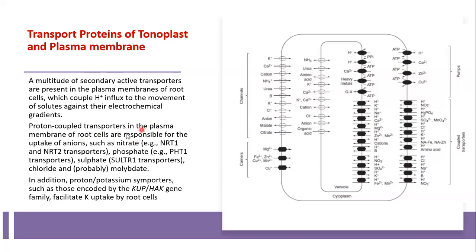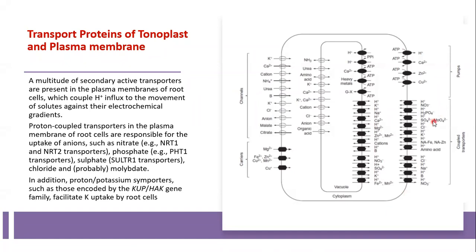Proton-coupled transporters in the plasma membrane of root cells are responsible for the uptake of anions such as nitrate, phosphate, sulfate, and chloride. In addition, there are proton-potassium importers such as those encoded by the KUP/HAK genes. So this movement of ions is not only of cations but of anions as well: nitrate, phosphate, sulfate, and even chloride.